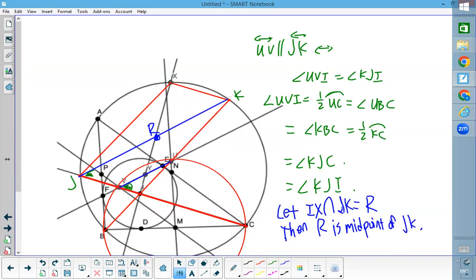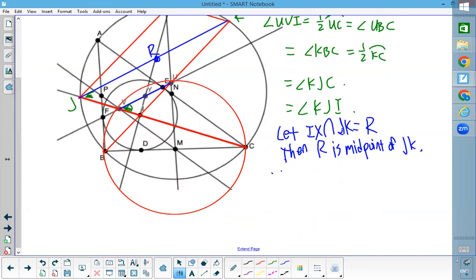And because JK is parallel to UV, we have a homothety. The line UV has a homothety with center I and the scaling factor of JI divided by VI, which gives us the line JRK.